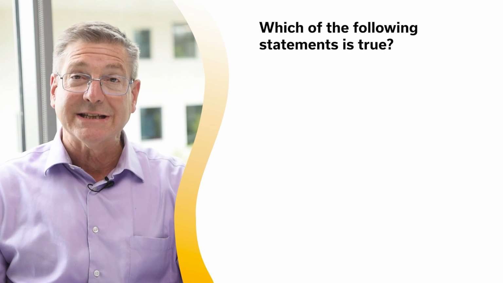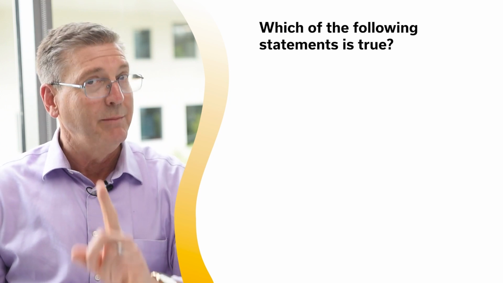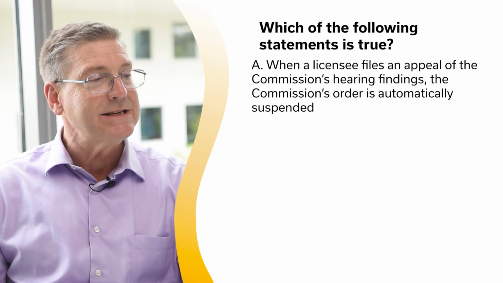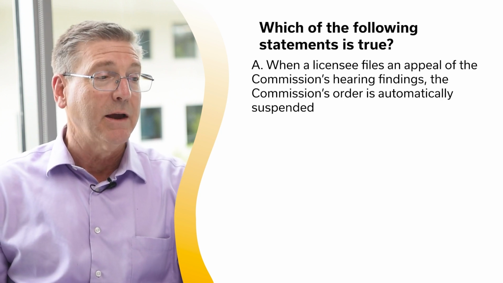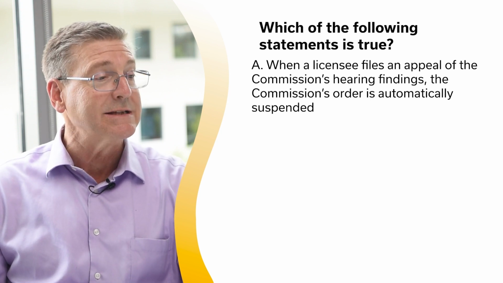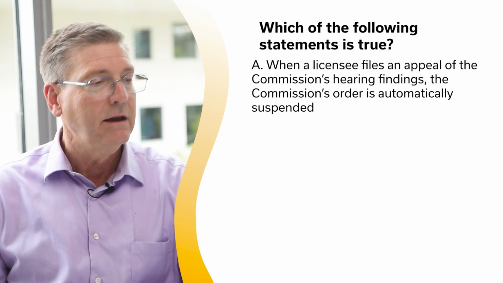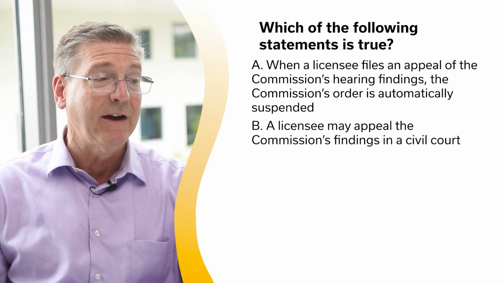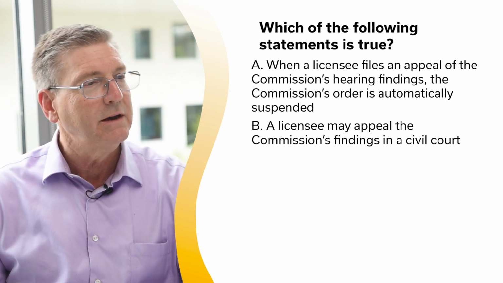Which of the following statements is true? Remember, we're looking for the true one. A, when a licensee files an appeal of the Commission's hearing findings, the Commission's order is automatically suspended. B, a licensee may appeal the Commission's findings in a civil court.